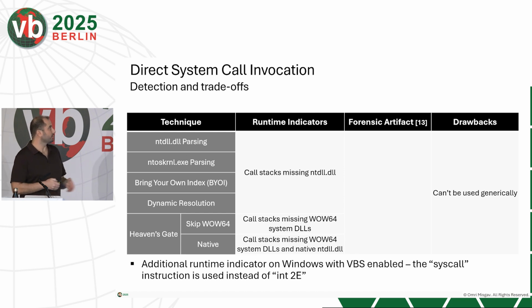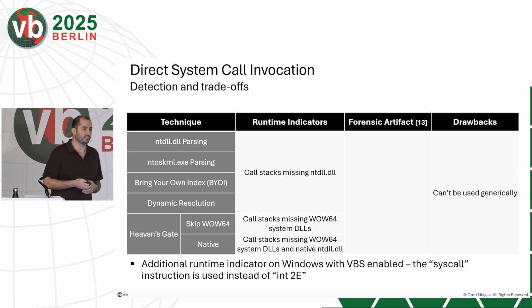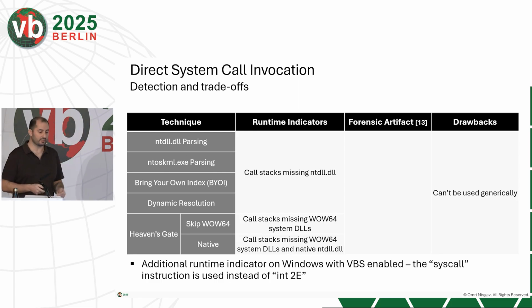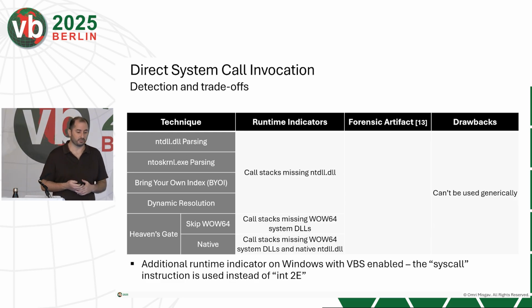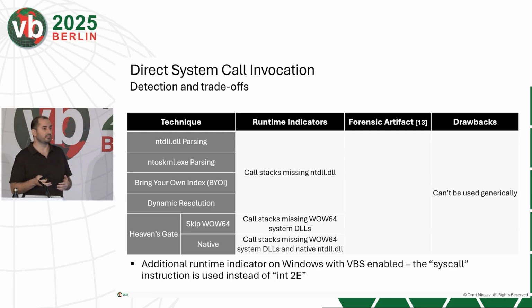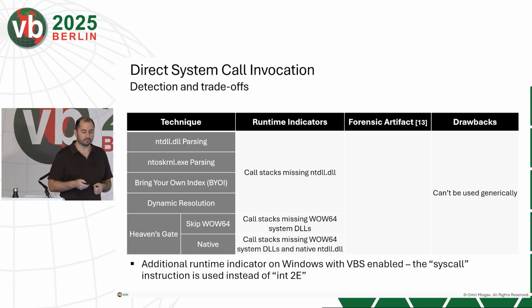So for the detection of these techniques, it's quite easy to understand that we'll be missing very critical system DLLs in the process. So at runtime, it will be quite easy to pick it up if we look at the call stacks. And in forensics, we don't have a lot to work with because all the code can be obfuscated or packed.